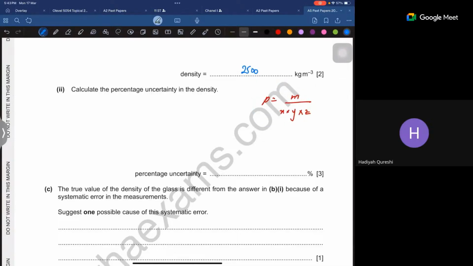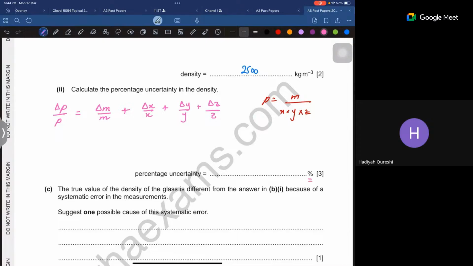If I want to find percentage uncertainty in density, I'll simply write uncertainty in density over density equals delta m over m, plus delta x over x plus delta y over y plus delta z over z. There's no power, so you don't have to multiply anything.